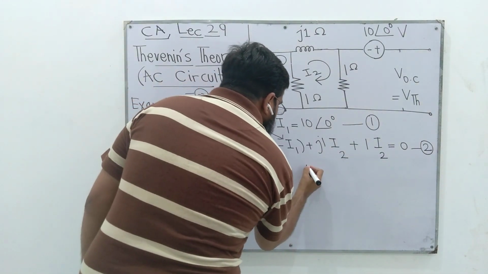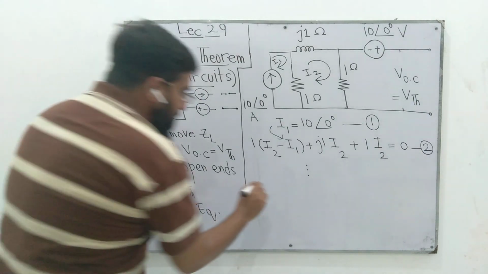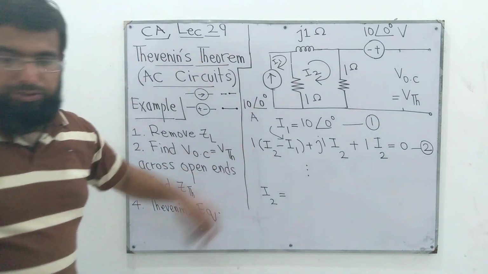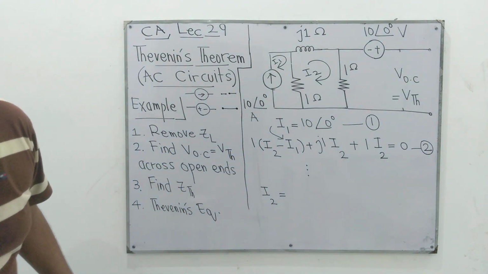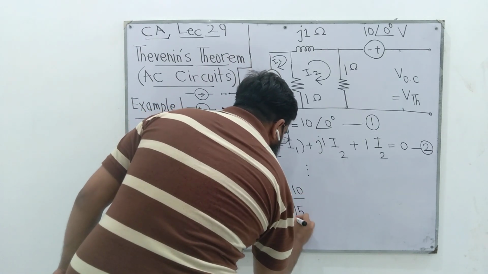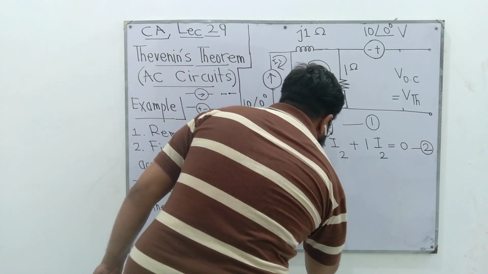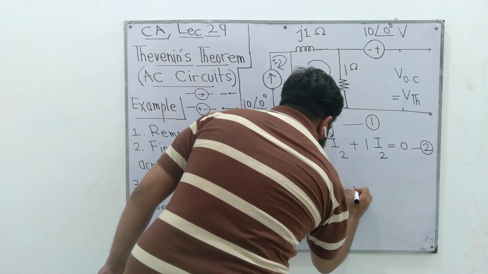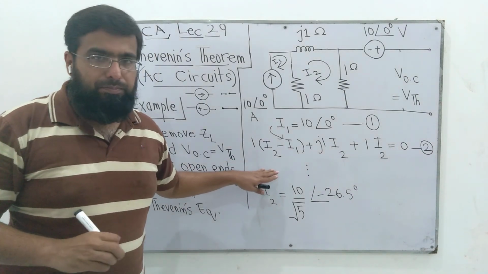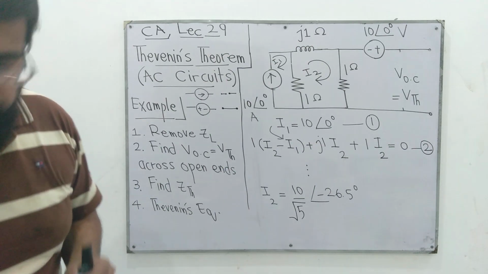I have done all this calculation in my notes, and we finally reach by solving this equation through some simple mathematics, I2, which is 10 over square root of 5 at an angle of minus 26.5 degrees. For the intermediate mathematics, you refer to my notes.